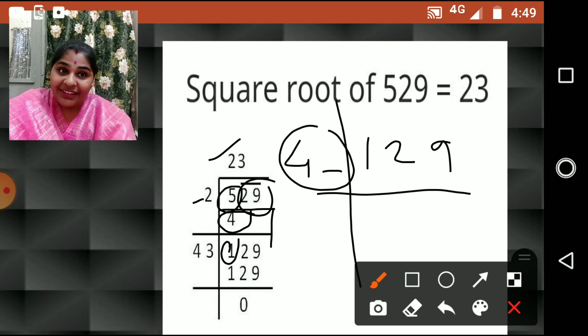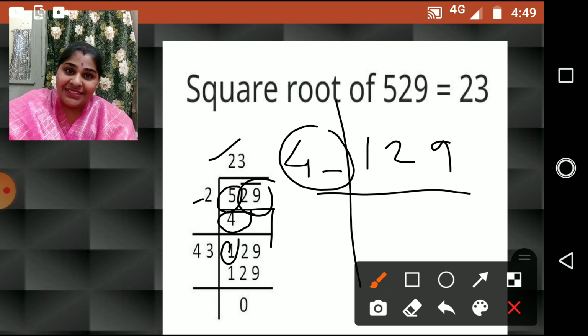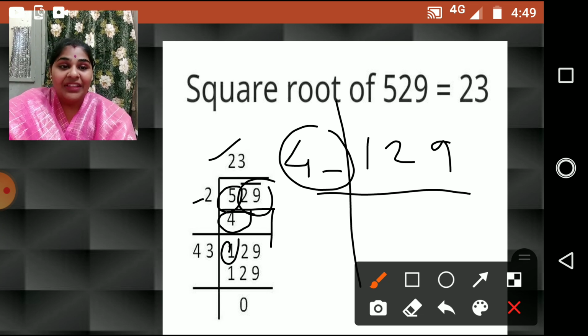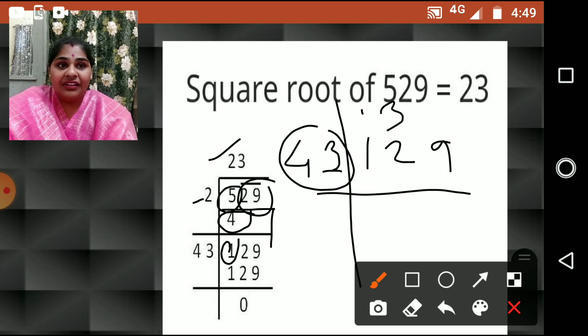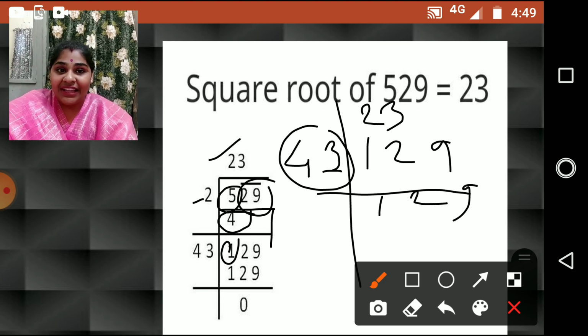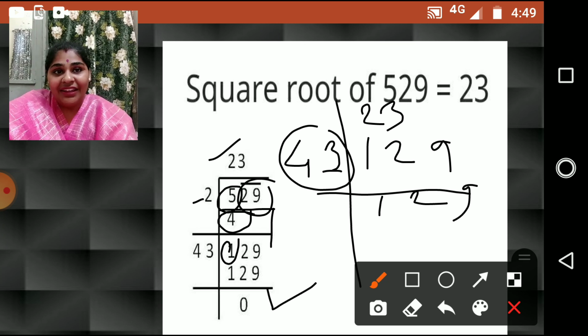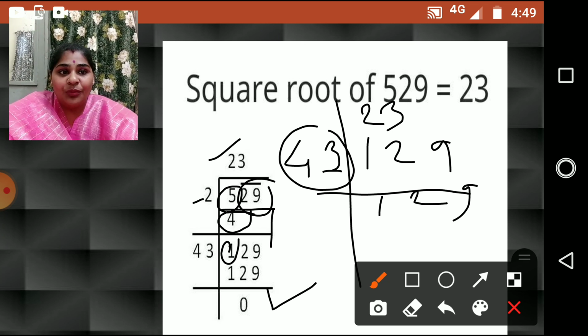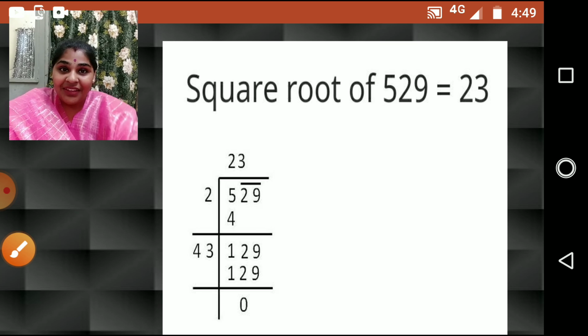If it is less than, you will get one step ahead, and you have to keep on dividing until you get 0. Here we got 3. 43 3s are 129. So 129 minus 129 is 0, and hence the square root of 529 is 23.